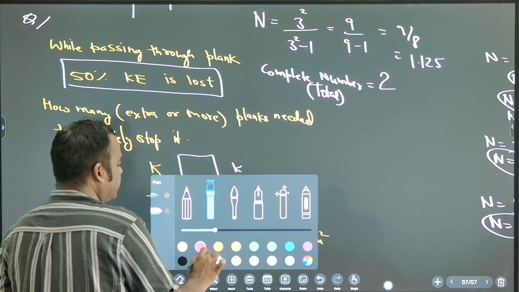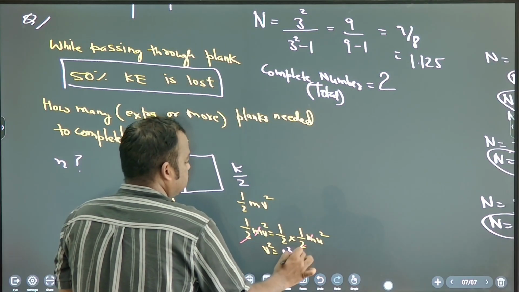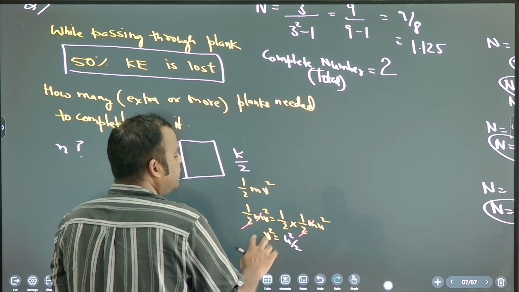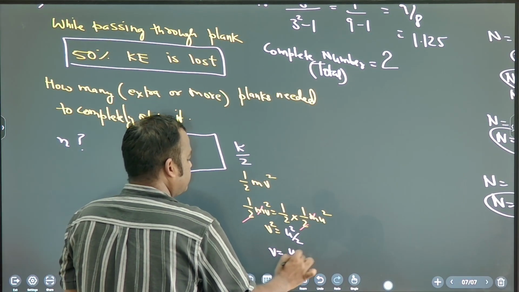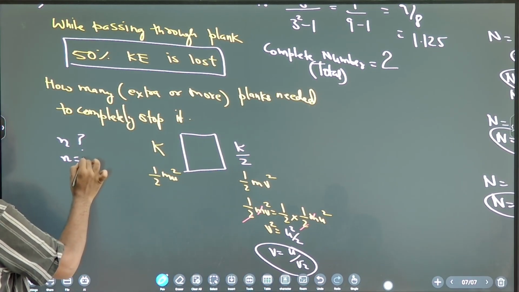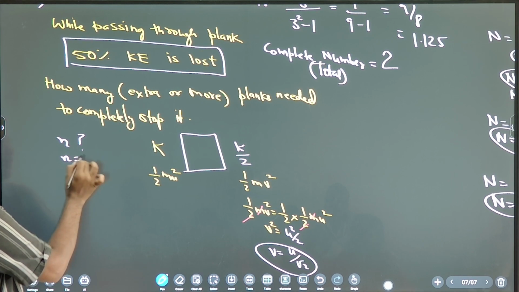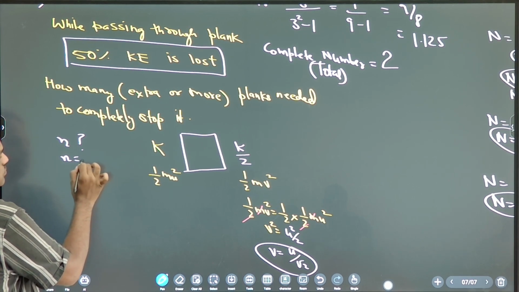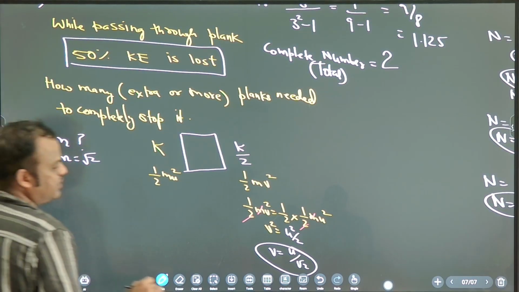U square by 2. So what is V? U by root 2. So what is the n value? Small n is root 2. Are you getting it?